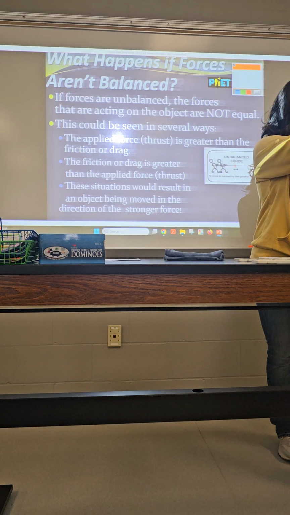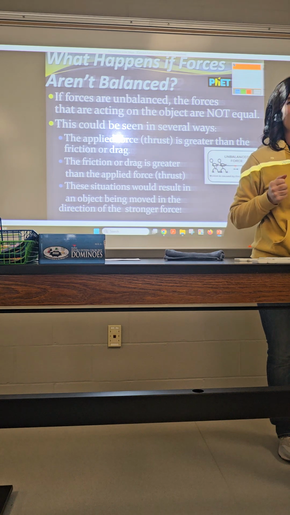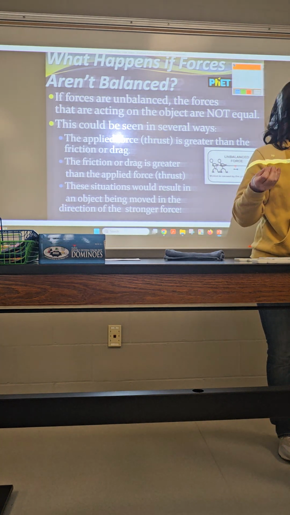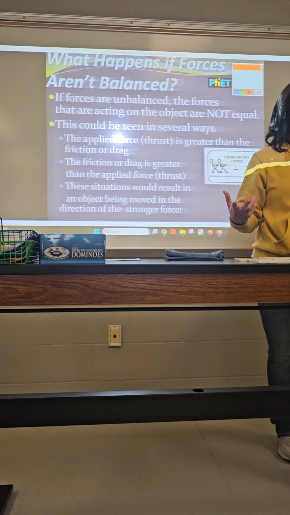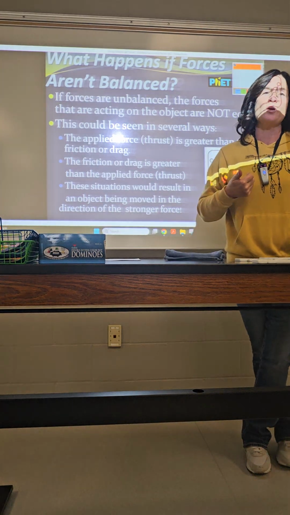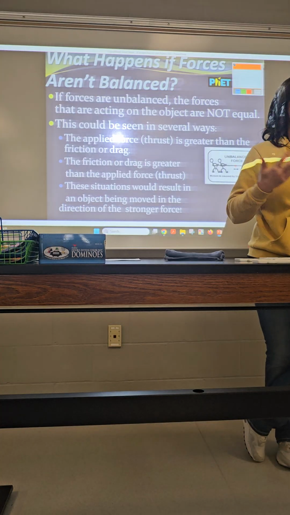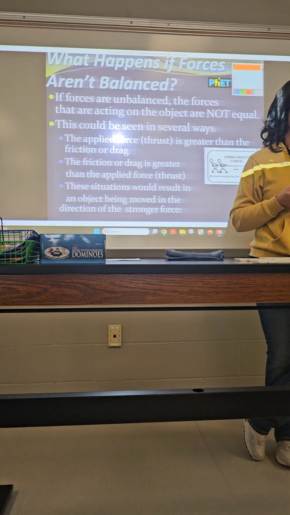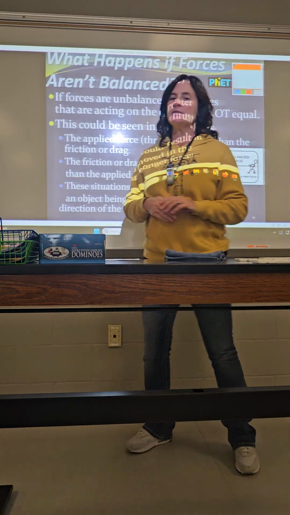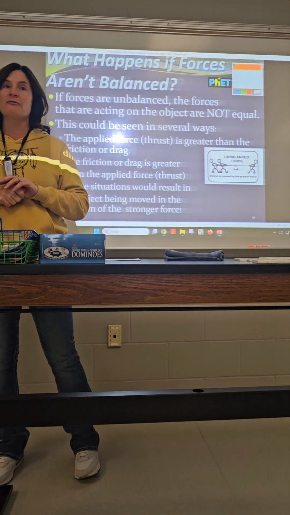Make the car more aerodynamic, where it can cut through the air, reduce friction to get rid of that drag that's holding them back. So if you can't go faster with an applied force, try to go faster by reducing friction that's working against that speed. So there are lots of ways that we work around friction.